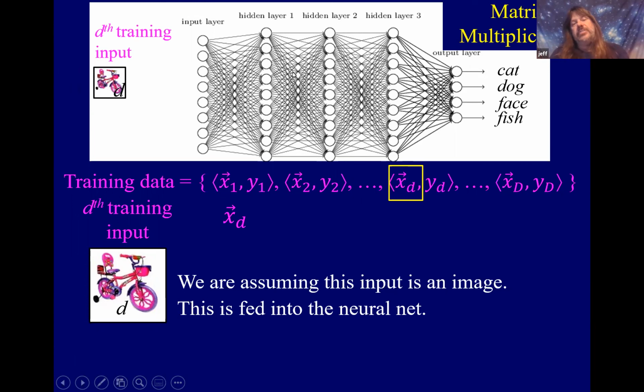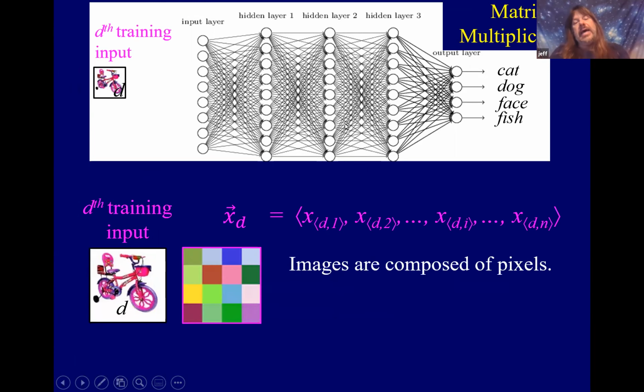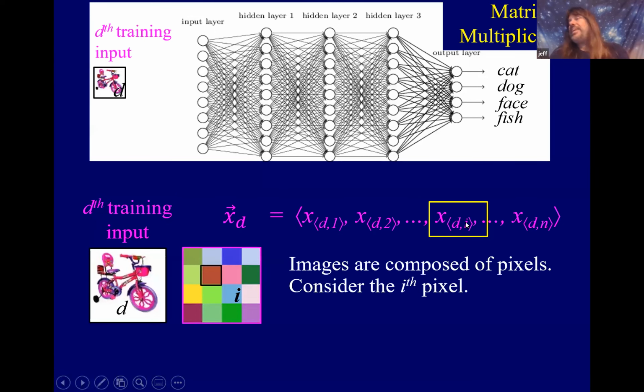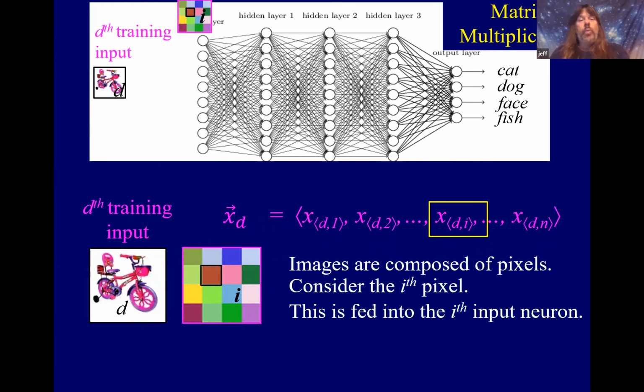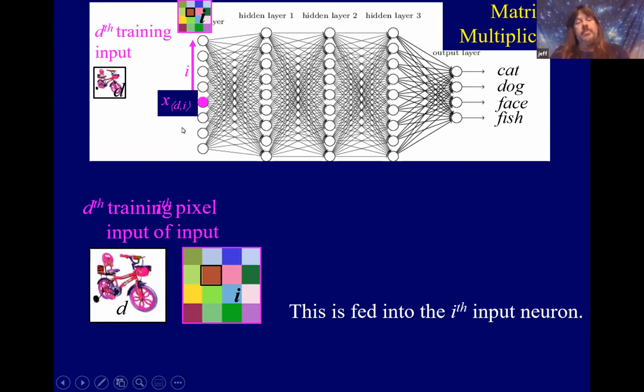We're going to feed it into the neural network. The training data, as we know, is a tuple of numbers, each one giving us the value of a pixel. And so we can talk about the ith pixel. Here's index I. And where does it go? We feed that number into the ith node at the bottom of the neural net.